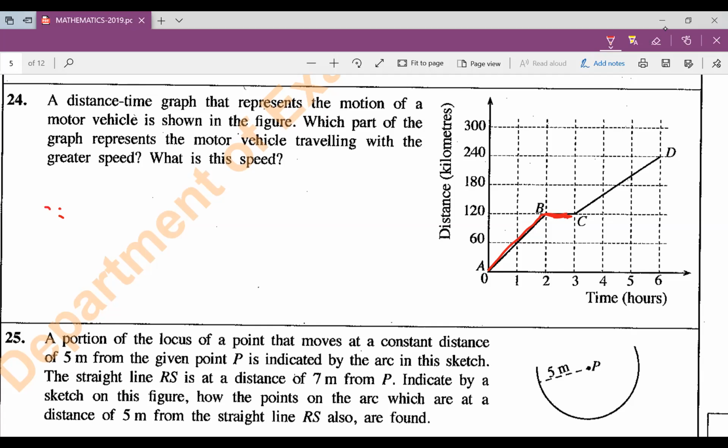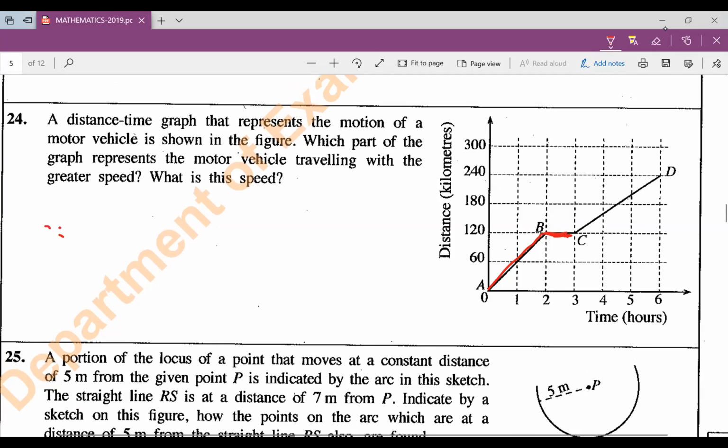After C to D, the motor vehicle is going again within 3 to 6 hours. Here it travels 120 kilometers in 3 hours, and here 120 kilometers in 2 hours. So which one is the greater speed? The speed is A, B.